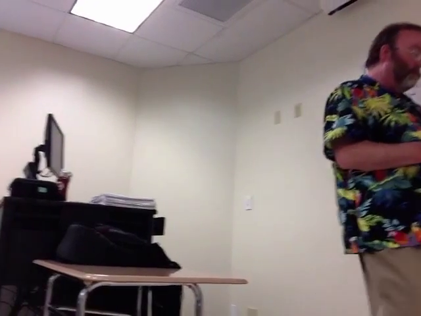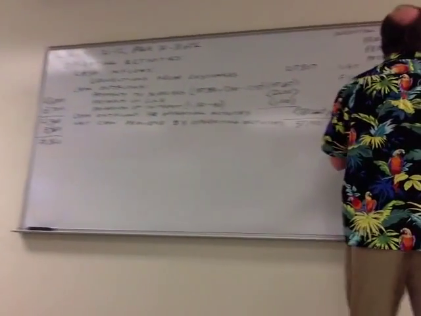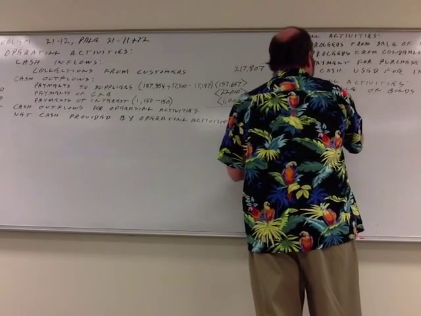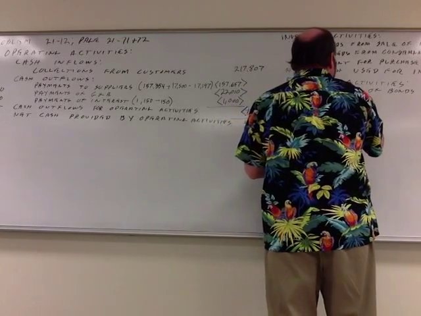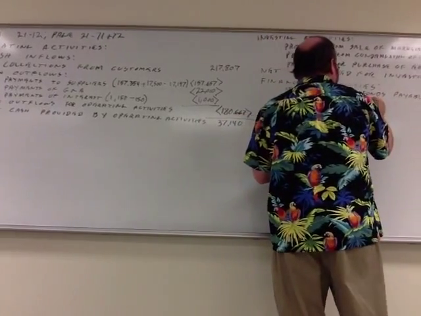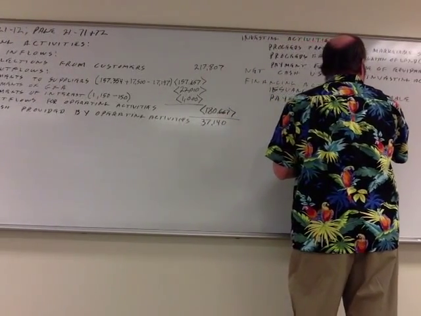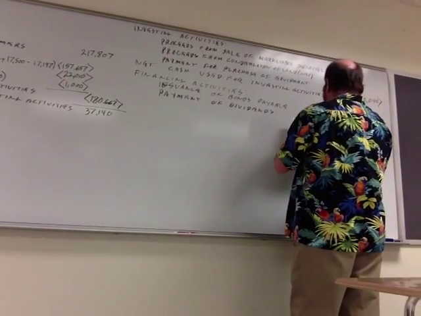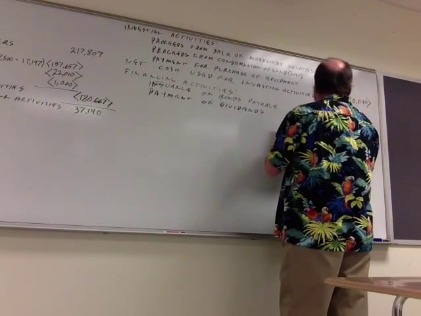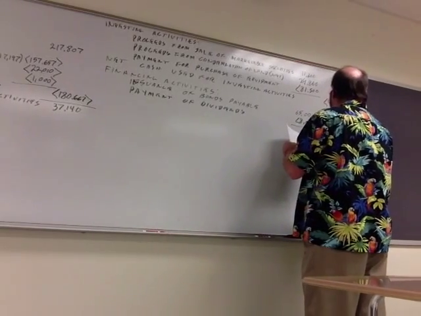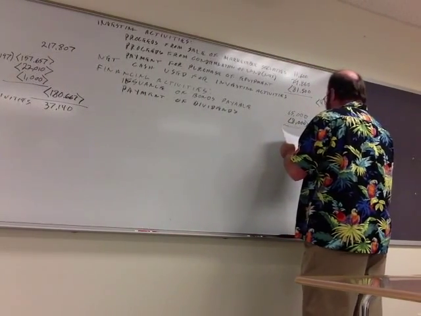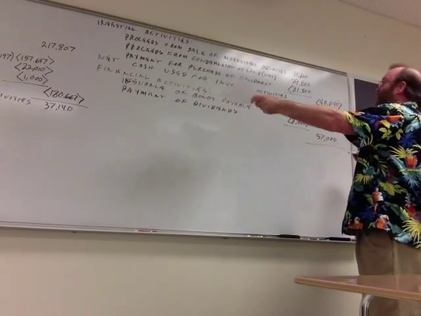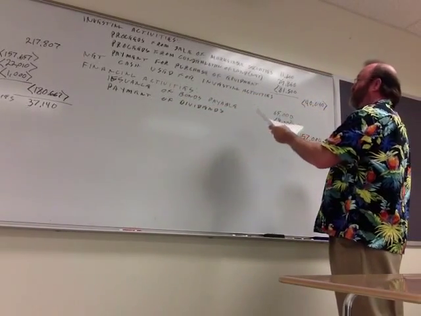So payment of dividends, negative 8,000, giving us 57,000 positive.